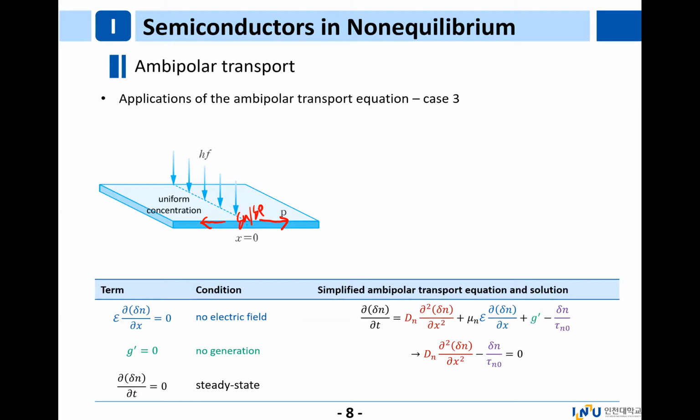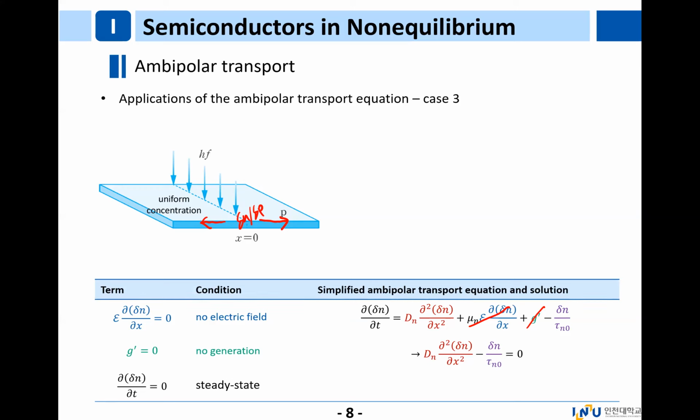Since there is no electric field and the light is only incident at x equals 0, there is no generation of excess carriers at points other than 0.